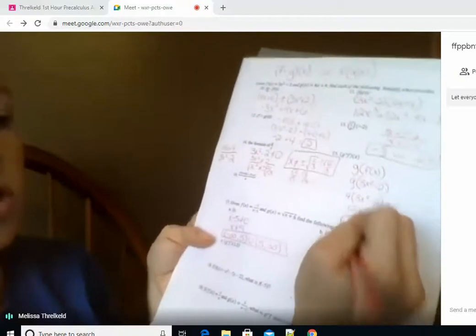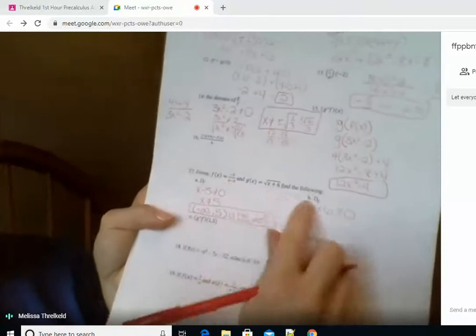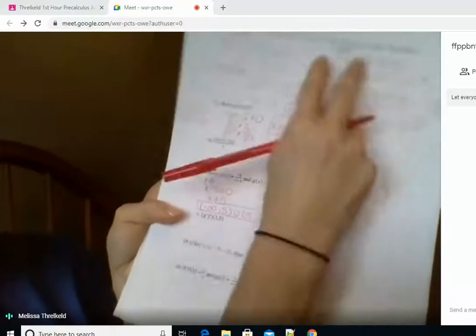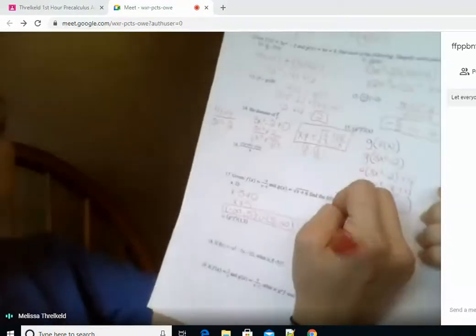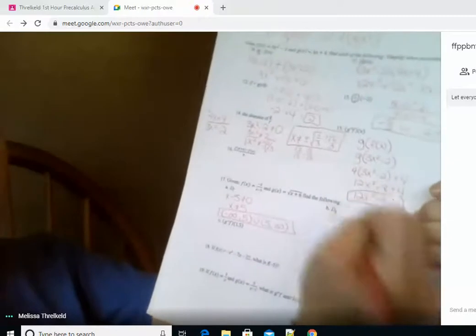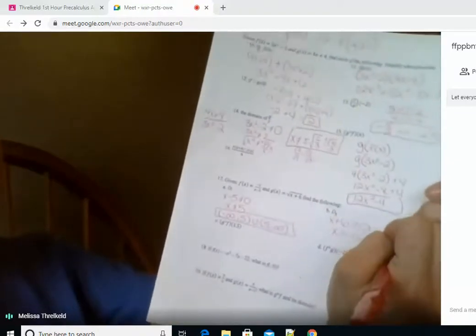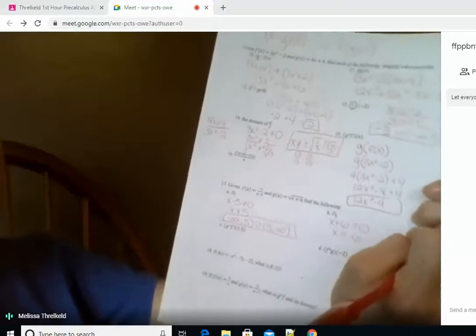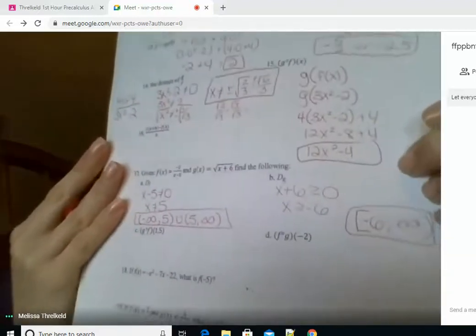So those are the two domain rules you need to know. If it's a fraction, the bottom can't be 0. If it's a radical, the thing underneath is greater than or equal to 0. So if I subtract over my 6, x is greater than or equal to negative 6. So equal to means bracket. You want everything bigger than that. The negative 6 to infinity.